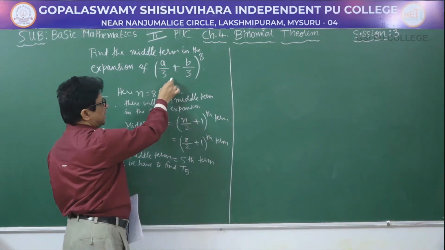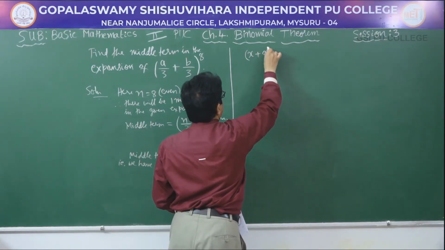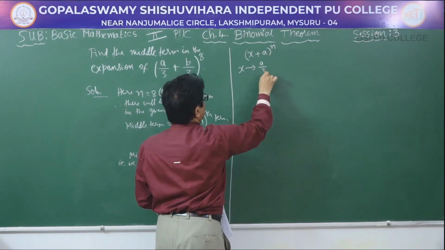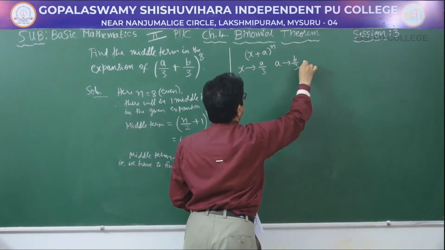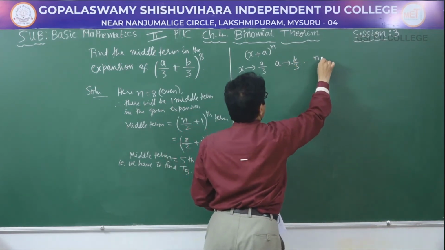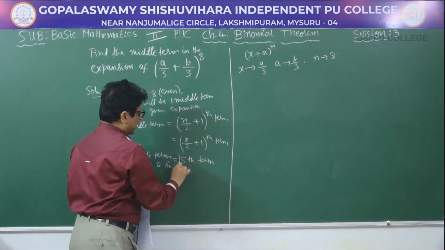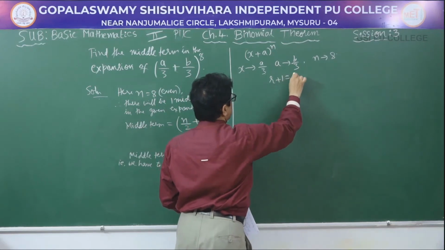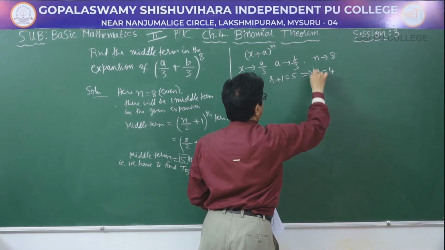Comparing the given expansion with (x + a)^n, we have x is a/3 and a is b/3 and n is 8. Of course, r plus 1 is 5, that is r plus 1 is equal to 5 implies r will be equal to 4.